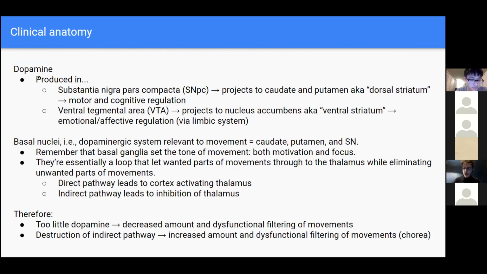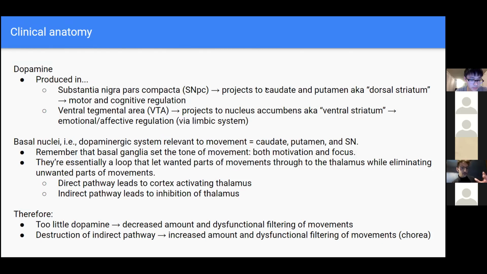I can't actually see the chat, so I can just address them between sections. So yeah, dopamine is our major neurotransmitter of focus. Movement disorders involve more than just dopamine, but at this level, we're going to simplify it to just understand dopamine, because I think that's the essential part of movement disorders at this stage.